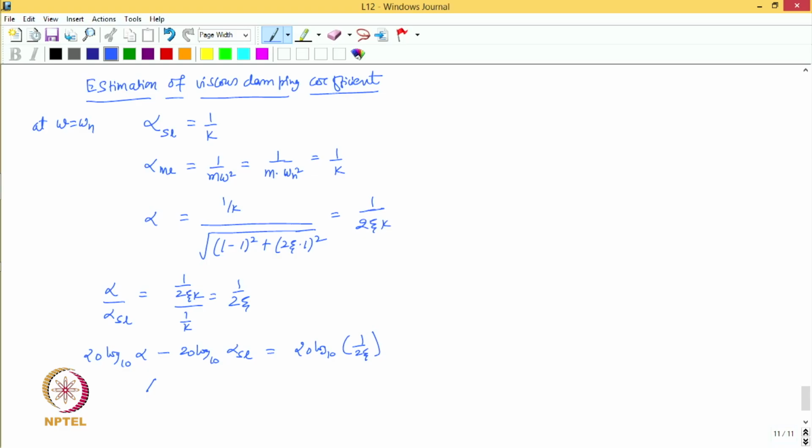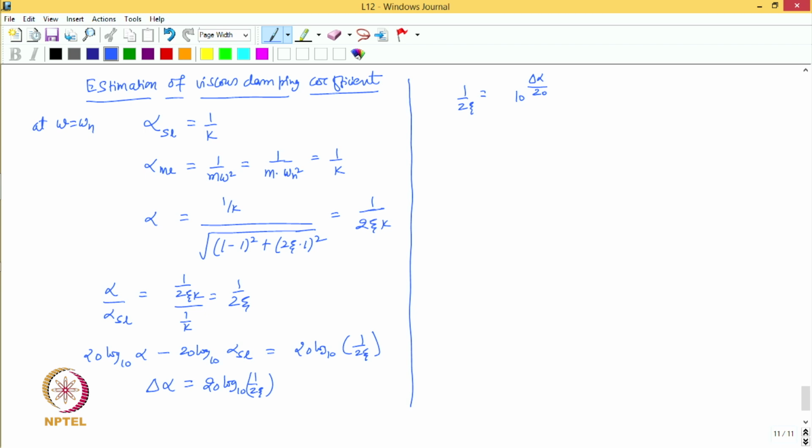So, if I represent this by delta alpha, then I get the relationship delta alpha equal to 20 log 10 1 upon 2 zeta. And if I further simplify this, then I can write 1 upon 2 zeta is equal to 10 to the power delta alpha upon 20, right.